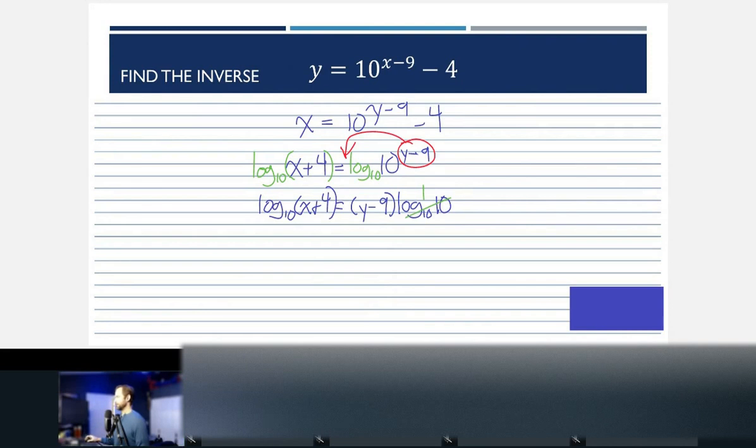What should we do? Remember, we're trying to solve for y here. Yeah, add 9 to both sides.